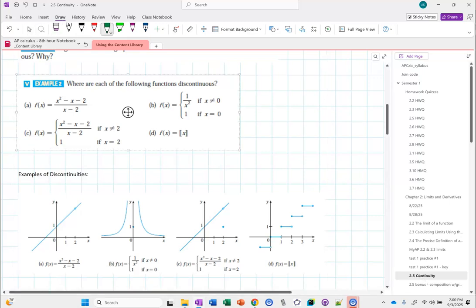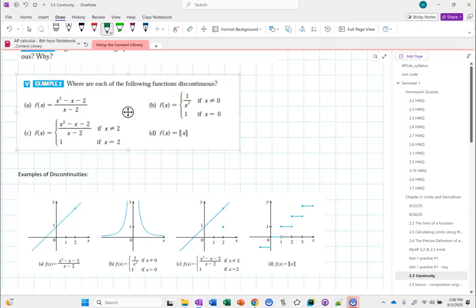Here it asks, where are the following functions discontinuous? If I look at A, I recognize that type of function as a rational function.